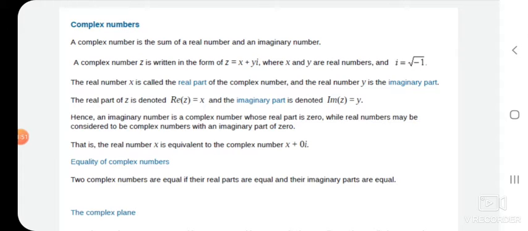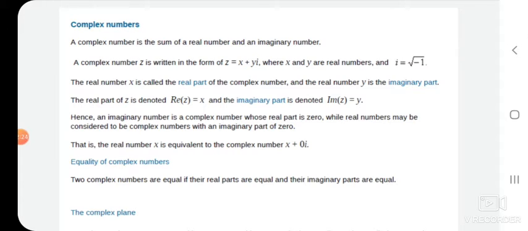What is an Argand diagram and how we can show the addition of two complex numbers in an Argand diagram, we have to discuss in coming lectures. This representation establishes a connection between complex analysis and vector analysis. Means the Argand diagram establishes a connection between complex analysis and vector analysis.